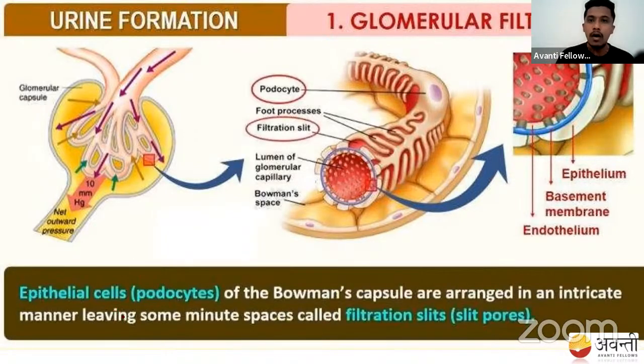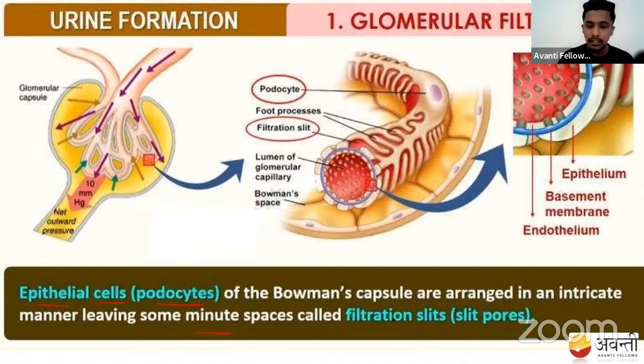One of the important aspects of this arrangement of the membrane is that the epithelial cells of the Bowman's capsule are called podocytes, and they are arranged in such a manner that they leave minute spaces between them.